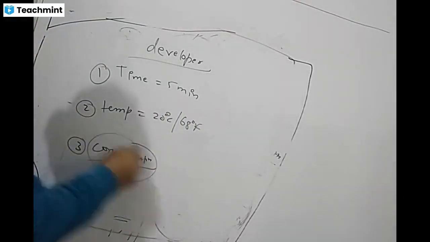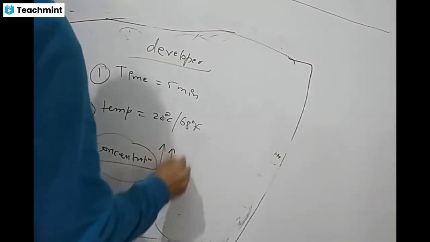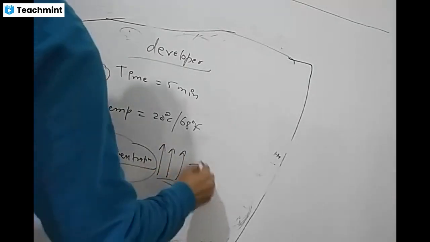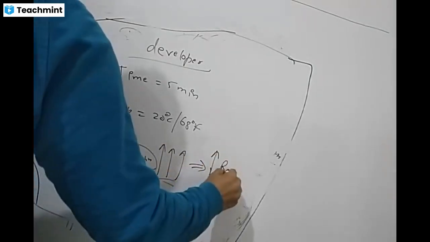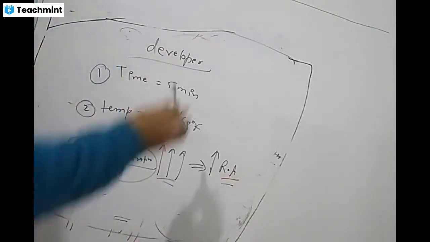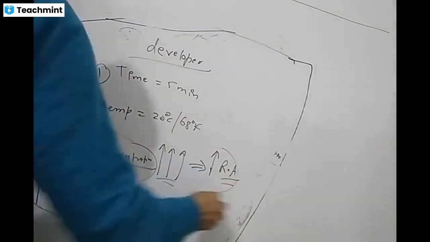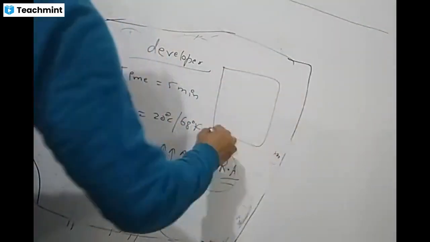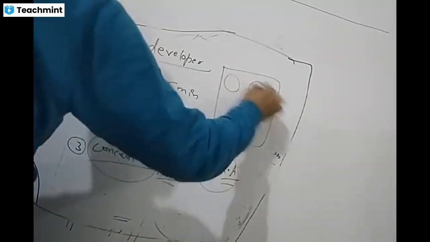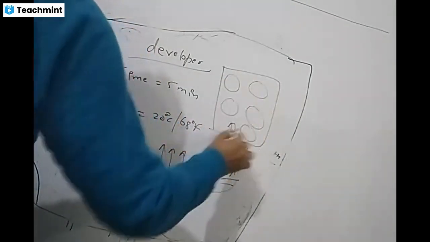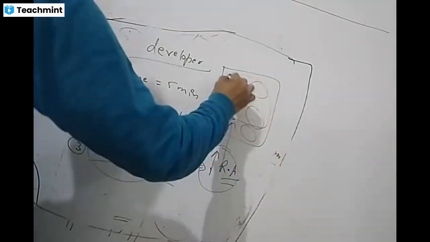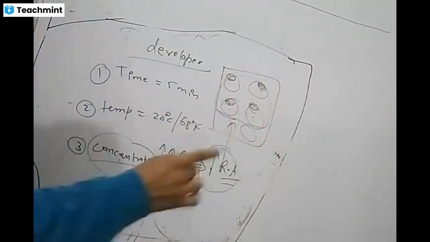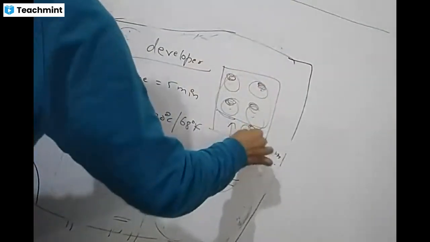What happens if we use a high concentration of the developer? If the concentration is increased, it means you are increasing the reducing agent in the solution. This reducing agent becomes more powerful, and it will reduce these four exposed crystals plus this fifth one also.